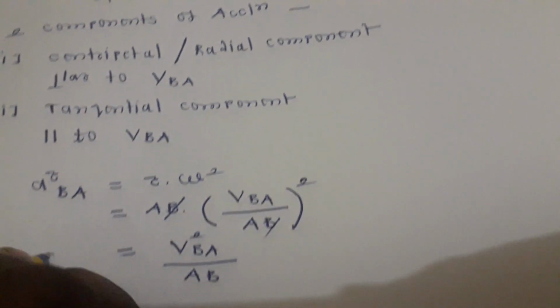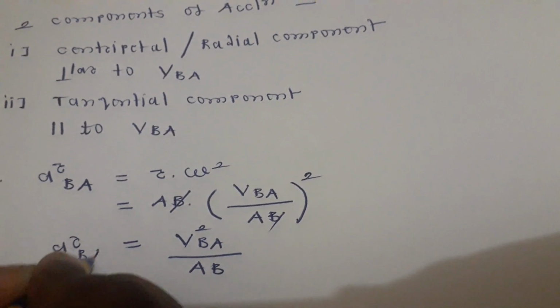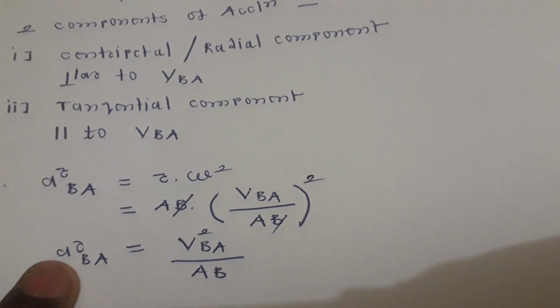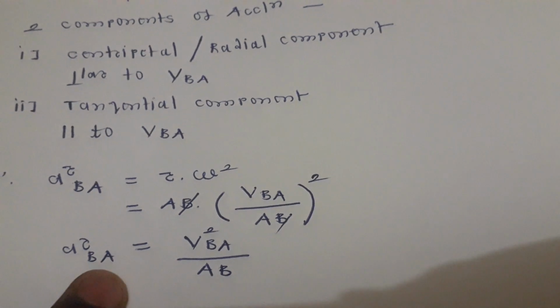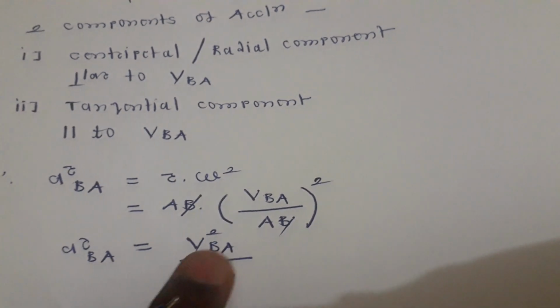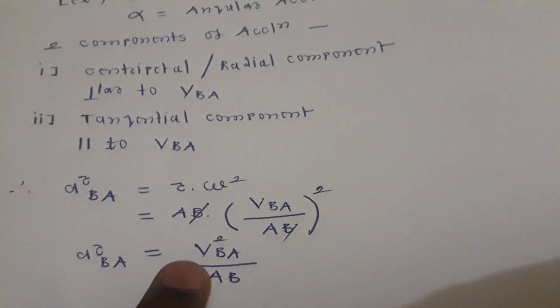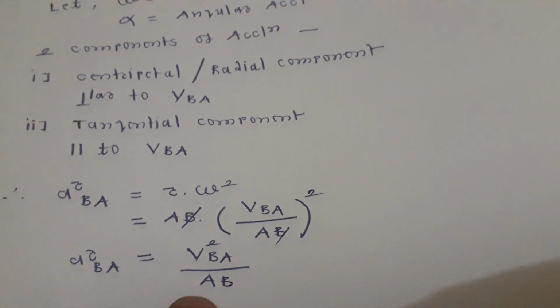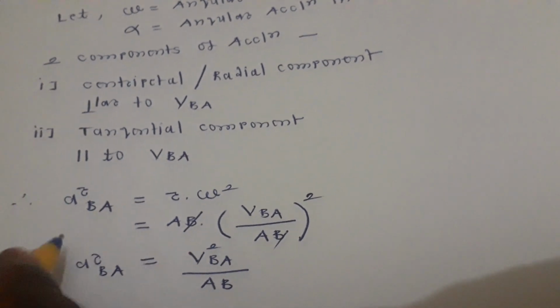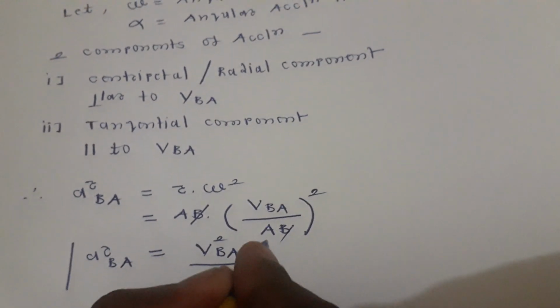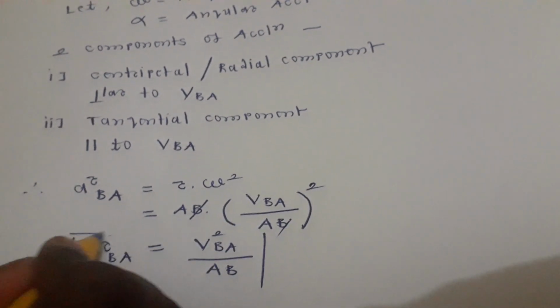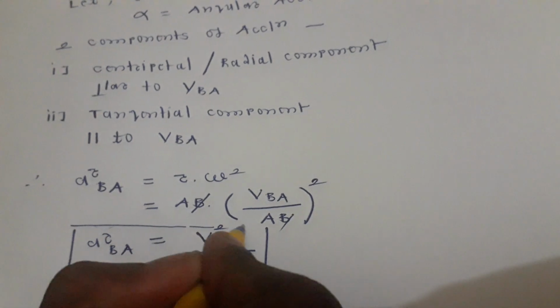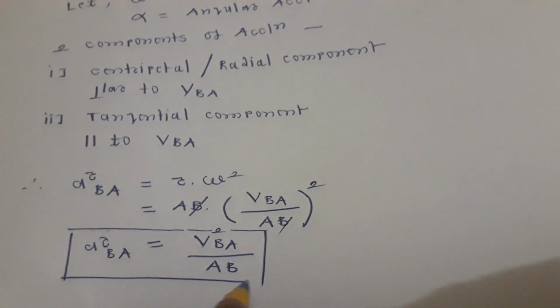This is the magnitude of the radial component of acceleration of B with respect to A. It is the square of the linear velocity divided by the length of that particular link. By this we can calculate the magnitude of the radial component of acceleration.